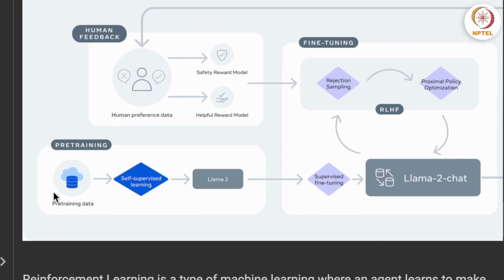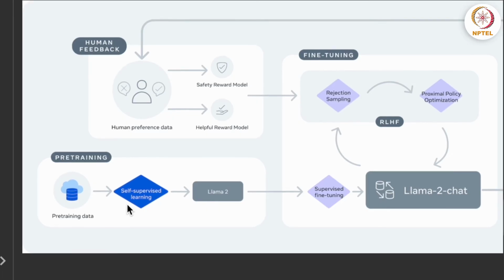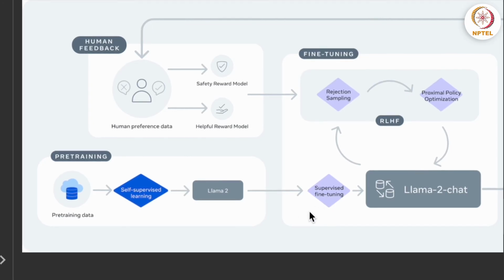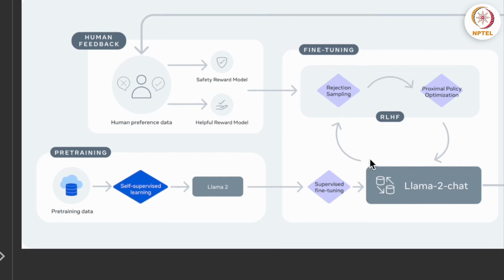So in the beginning phases, the Llama 2 model is pre-trained on the pre-training data in a self-supervised manner, and then the Llama 2 model is put through supervised fine tuning, and then a Llama 2 chat model is generated. So how exactly does this supervised fine tuning happen?